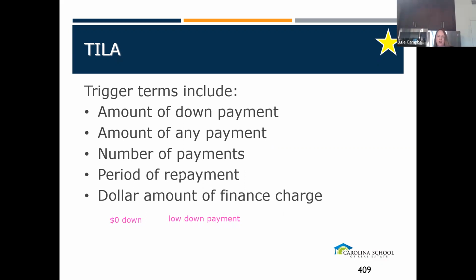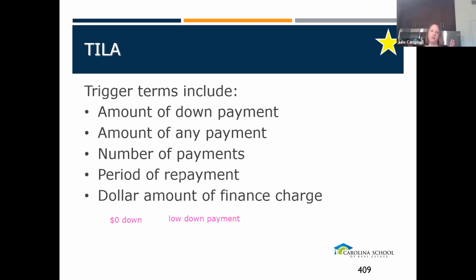Once they advertise 0 down, or you can get this loan for an interest rate of X amount, or you can get a 30-year loan. Once they hit this trigger term, once they hit these specific numbers, their trigger terms have been triggered. That's when they have to give all the specifics about the loan.